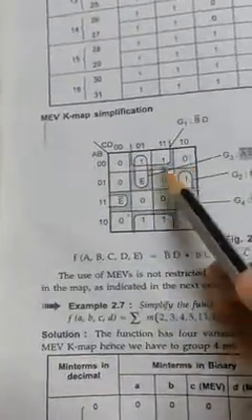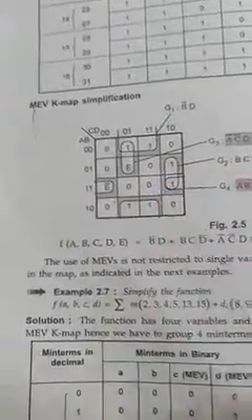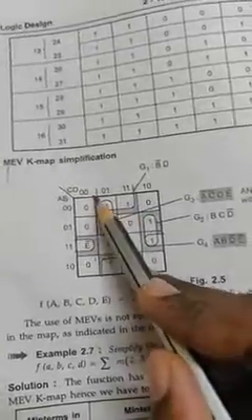So you know the K-map, right? 4 variable K-map: 0 1 2 3 4 5 6 7 8 9 10 11 12 13 14 15. Just fill in the last things which you have got in the columns. Try to group these things. See, this is a quad.